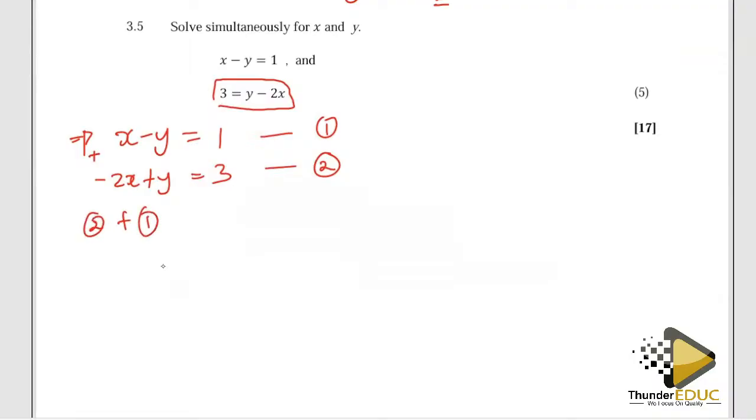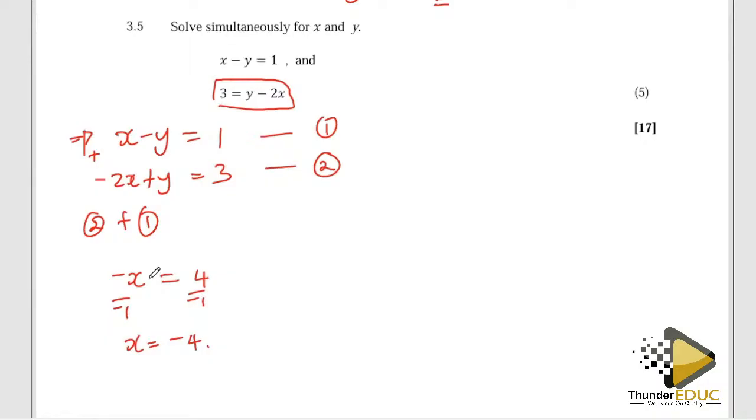When I add that, this is going to give us -x, because 1 plus -2 gives us -1. Then the y dies out to be 0, and 1 plus 3 gives us 4. Divide through by -1. This becomes positive, which means x is -4.